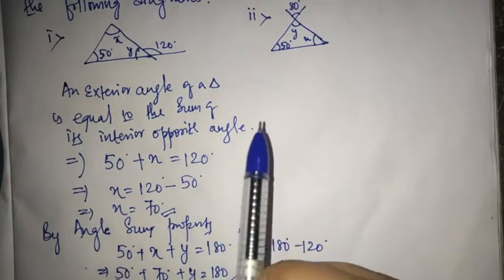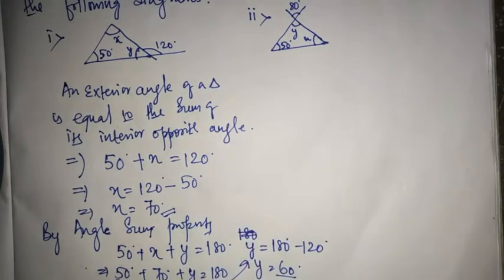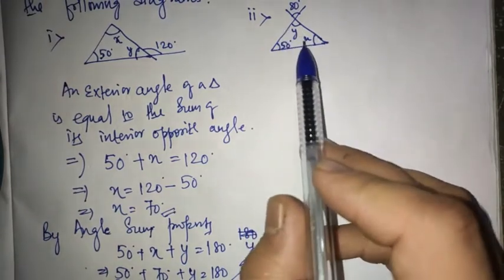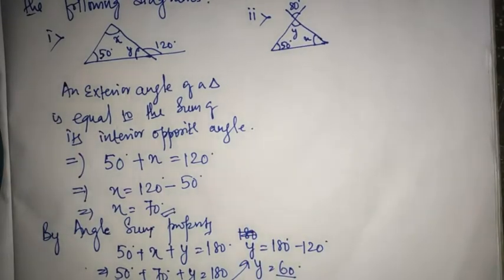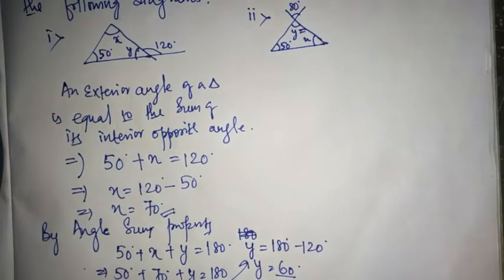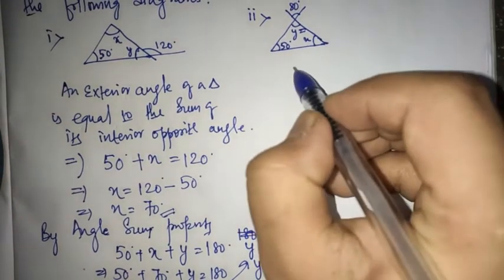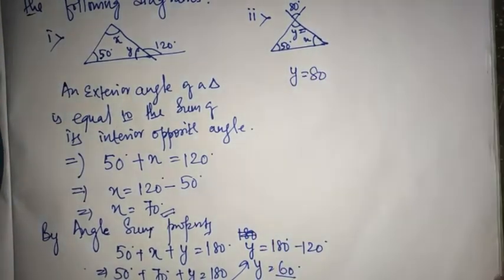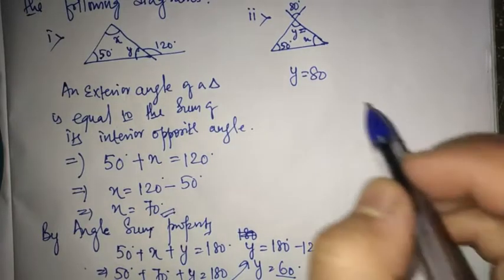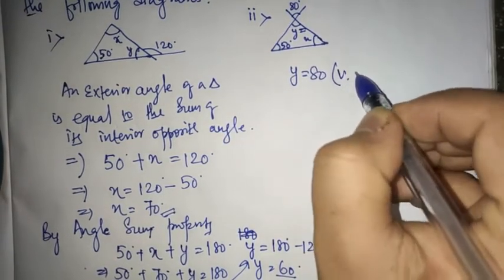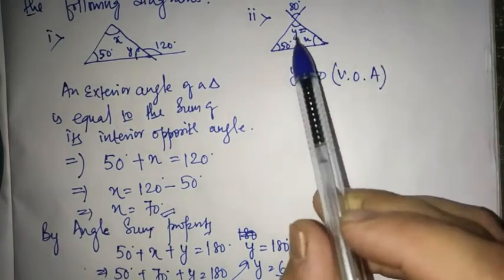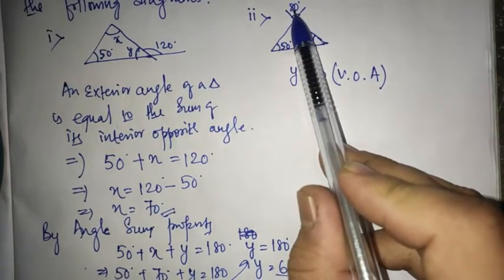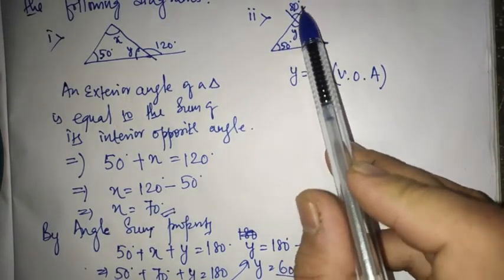The part 2 figure you can also see here. You have to find the value of x and y here. This is x and this is y, you have to find. So here the y value can be easily written, that y value I will write as 80 degree. Why? Can you tell me why? Yes, because it is a vertically opposite angle. The property is that y, because the exterior angle whatever is there is equal to y, because they are vertically opposite angles.